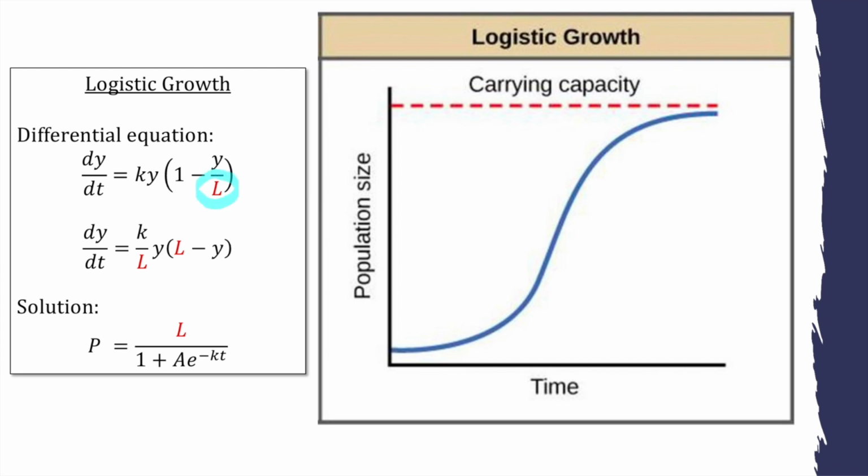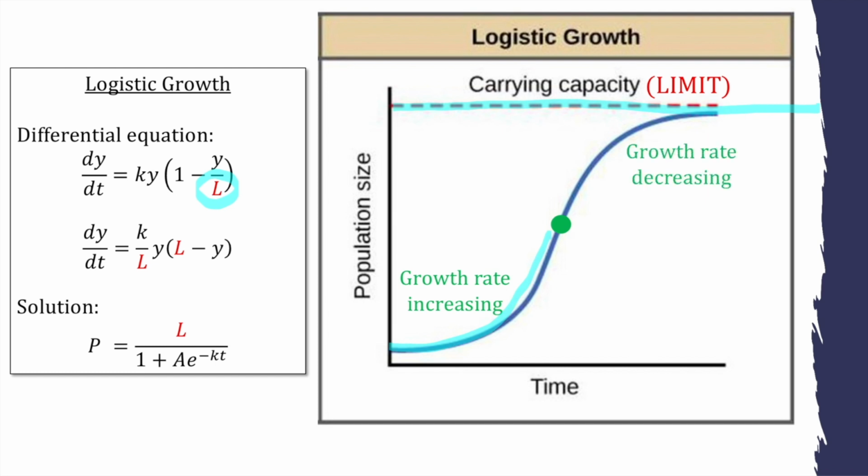This L here represents the top asymptote of the graph, the carrying capacity, or we could also call it the limit. And you'll notice in the middle of our graph is an inflection point, because prior to the inflection point, the growth rate is increasing. It's concave up. Past the inflection point, the growth rate is decreasing.